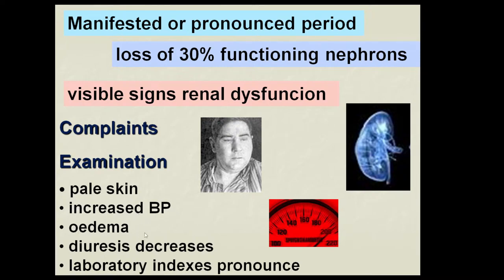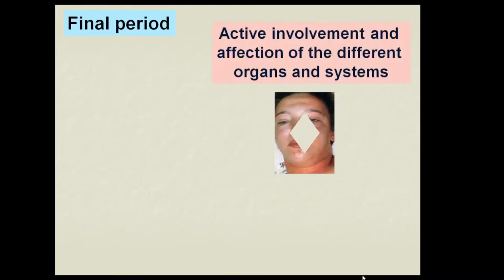We see edema, which is very difficult to respond to usual treatment. We pay attention to the patient's diuresis, and he can say that diuresis decreases, or we can reveal it with a special test, the Zimnitsky test, and all laboratory indices progressively deviate from the norm.